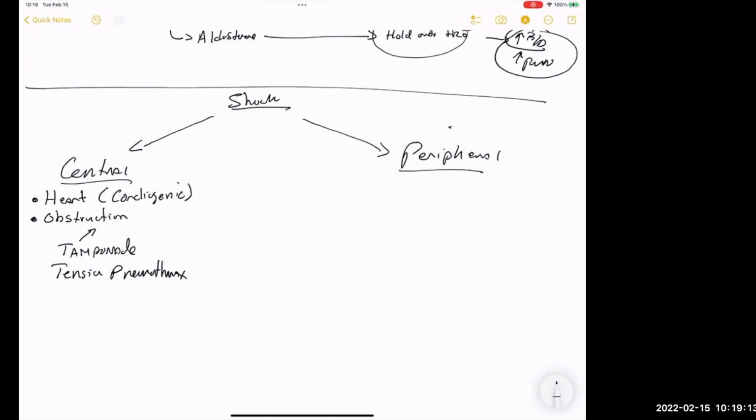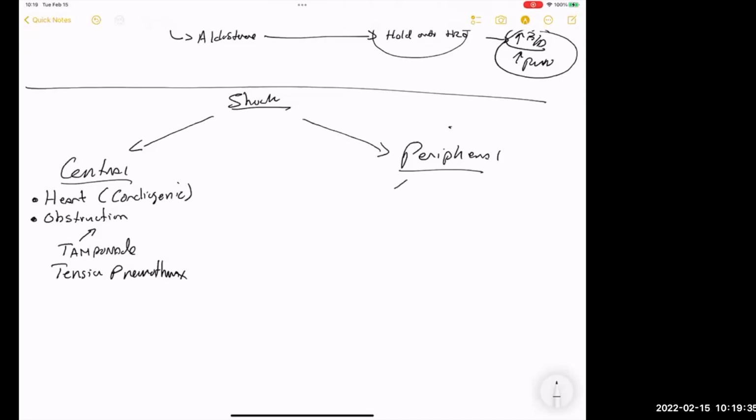But let's move on and talk about peripheral shock. So peripheral shock is where you have the peripheral blood vessels, all the stuff outside of the heart, all the stuff that does not directly act on the heart, but certainly indirectly does, all right?